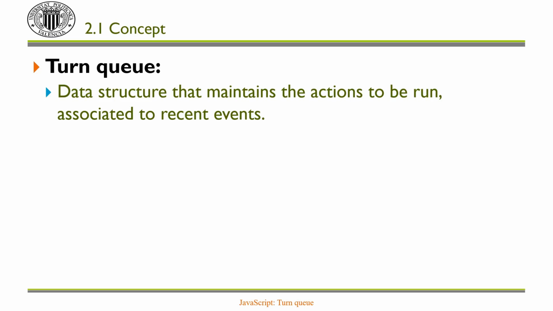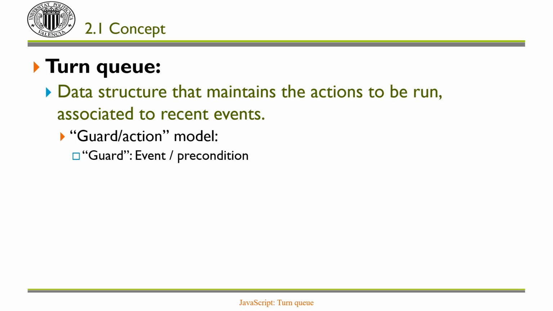A turn queue is simply a data structure that maintains the actions to be run, and those actions are associated to the arrival of new events, either internal or external to the process. This follows the guard-action model. In that model, we have a guard that in the common case will be the event arrival.